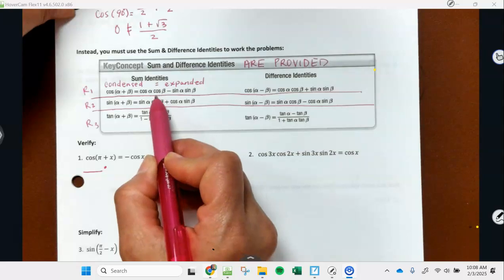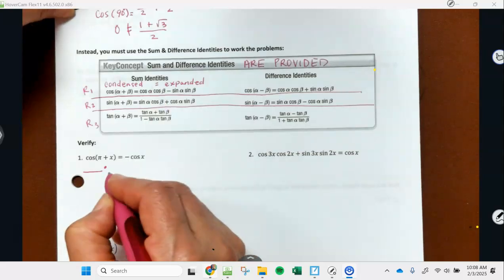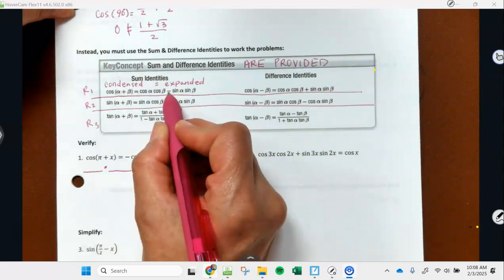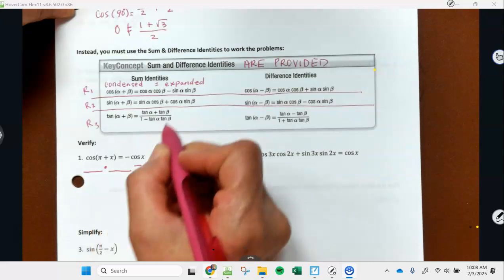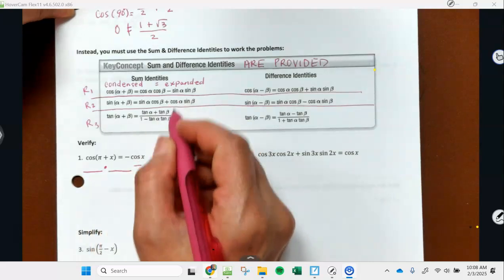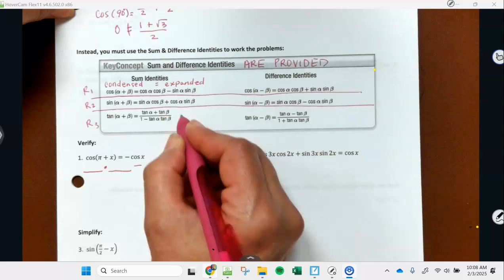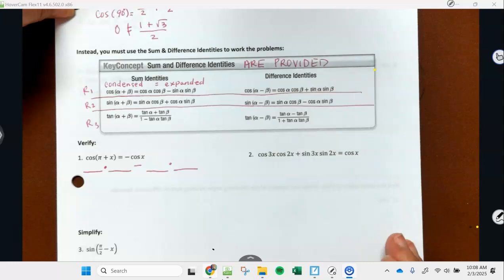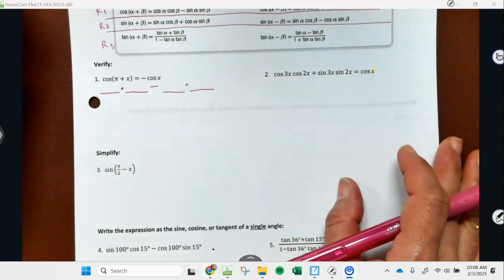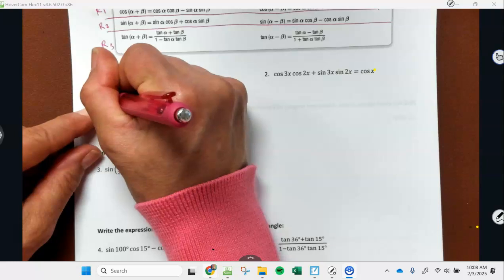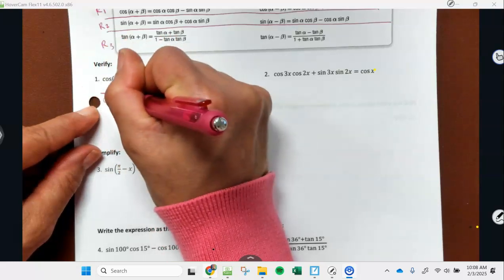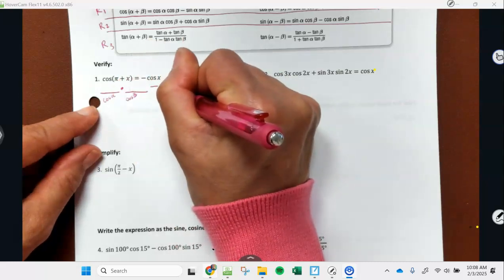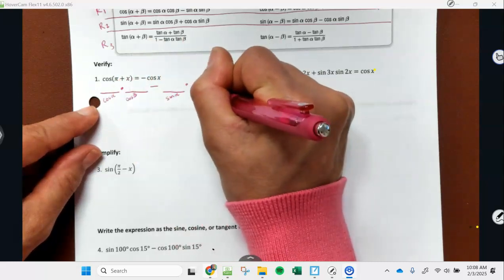Cosine B or cosine beta. So I'm going to draw a blank for that. Then I'm going to recopy the minus sign. Now I'm going to draw a blank for sine alpha or sine A. And remember that's being multiplied by sine B, sine beta. All right, so just remember cosine alpha times cosine beta minus sine alpha times sine beta.